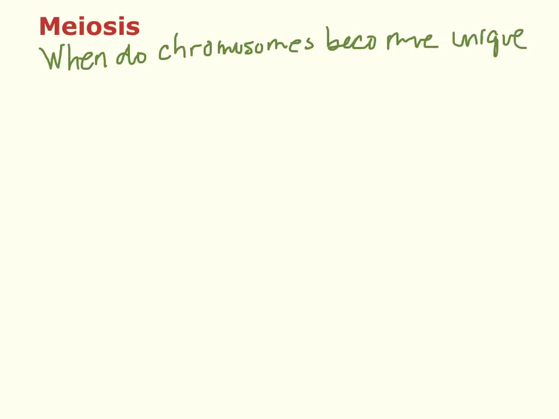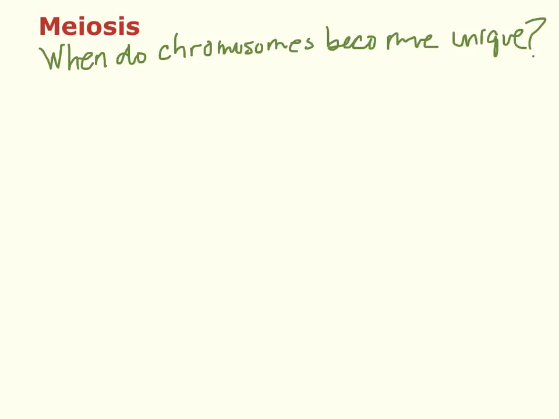So this says, when do the chromosomes become unique? And I'm also asking how. This is a super important point, as I said, because this is the big secret to sexual reproduction.